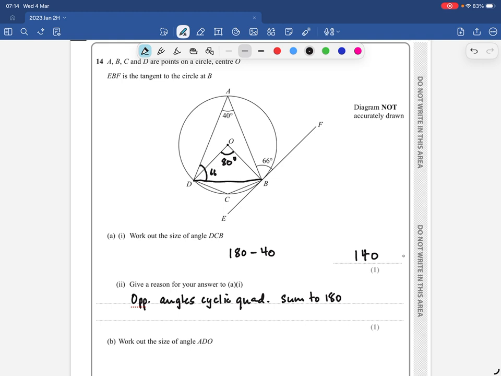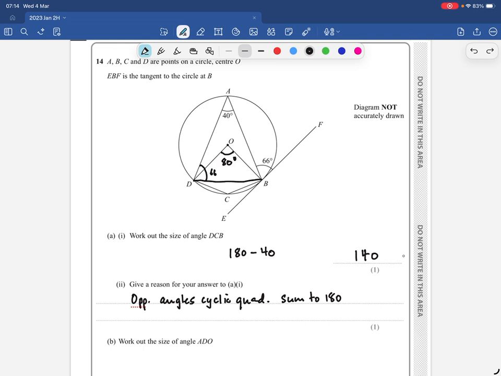So I know that these small angles here and here, each of those two angles has got to be 180, that's the angles in the triangle, minus 80 divided by 2.